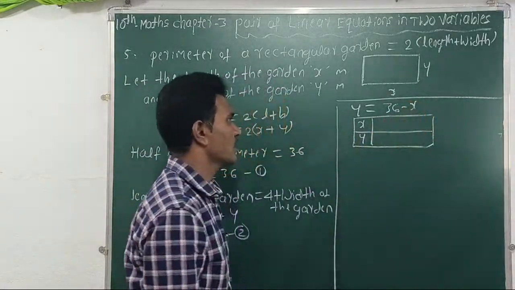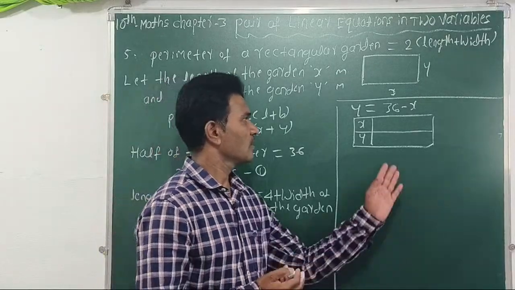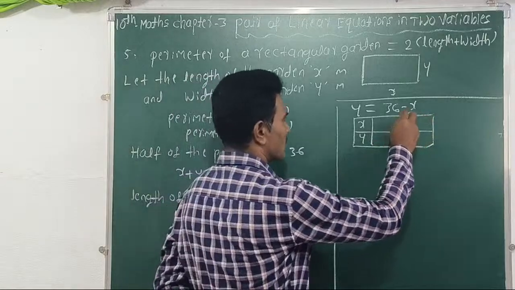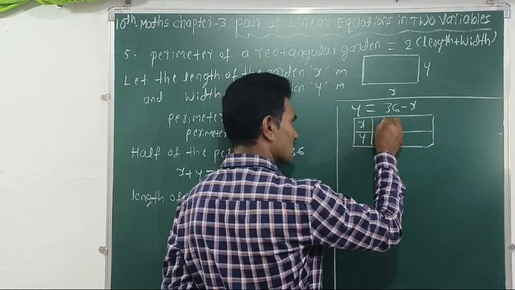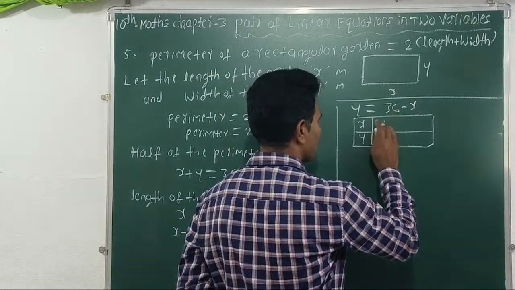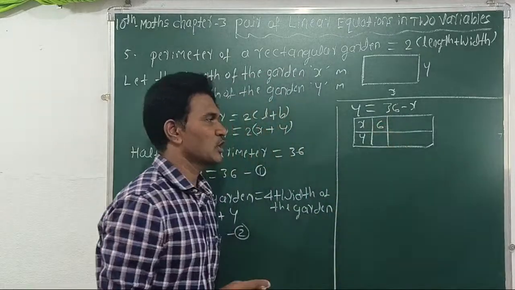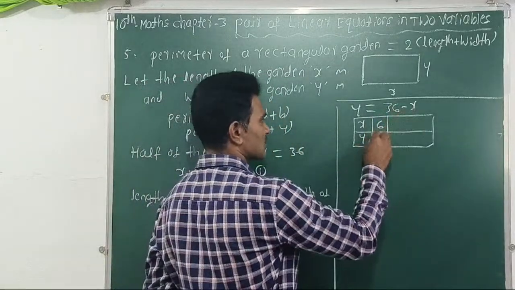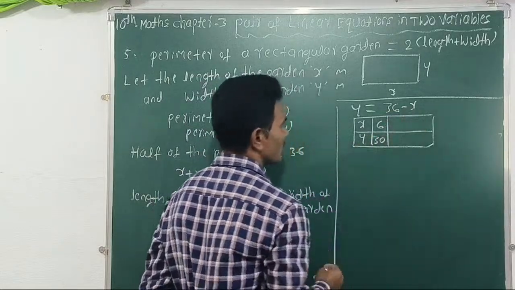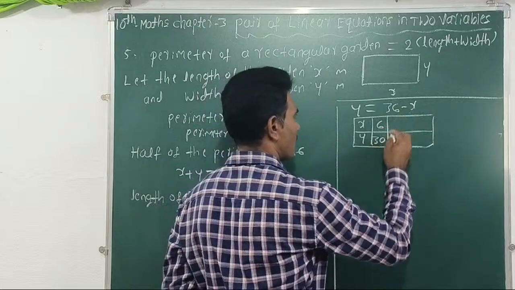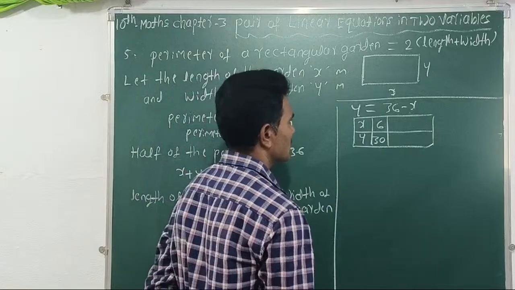Here you can put x value as 0, 1, 2, 3. I will put x value as 6. 36 minus 6 becomes 30.